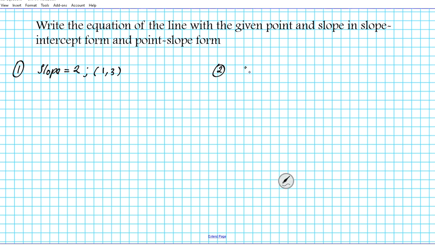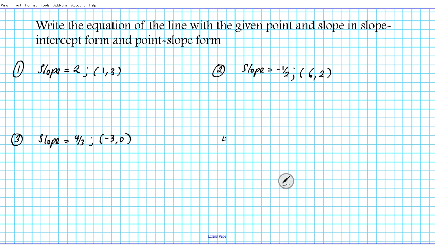Number 2, what if you have a slope of negative 1/2 and the point is 6, 2. Number 3, what if you have a slope of 4/3 and the point is negative 3, 0.